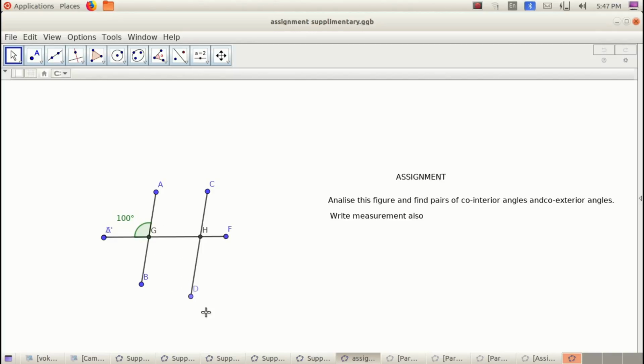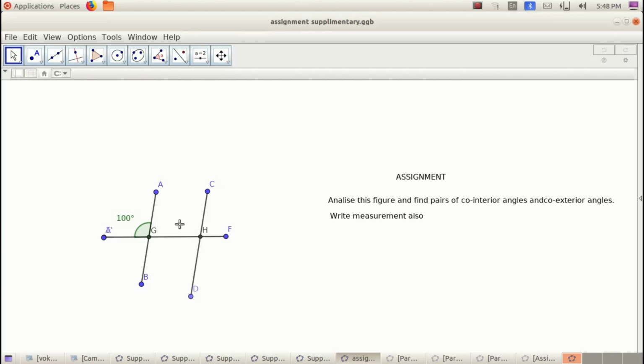Here vertical parallels are there. Don't mind it. And this one is the crossing line. One angle measurement is given here. How much is it? 100 degrees.